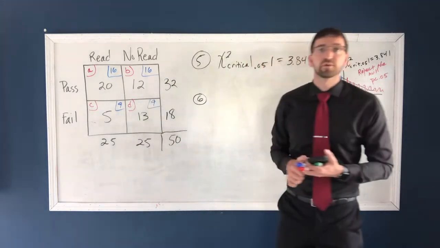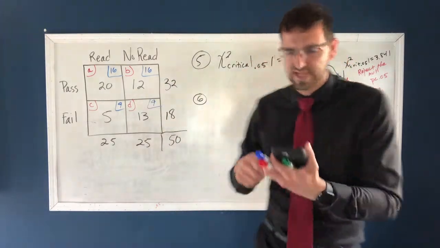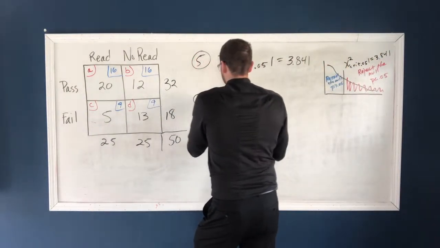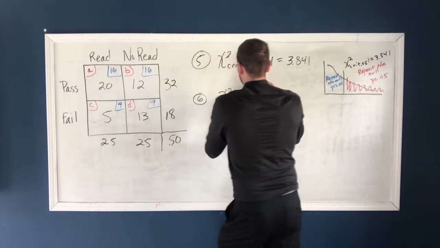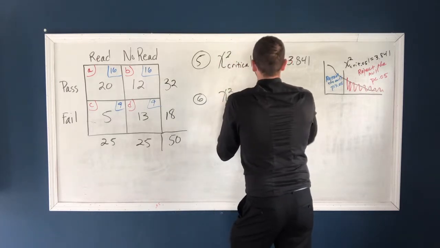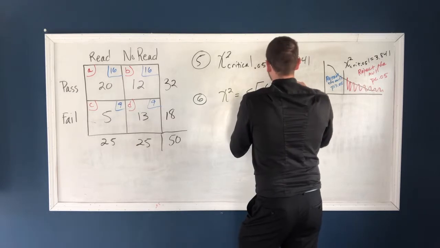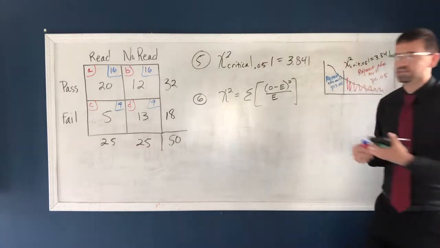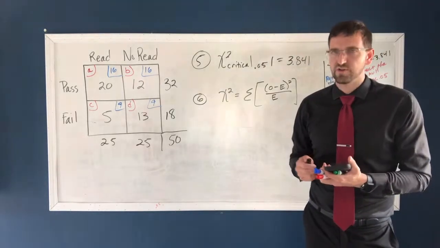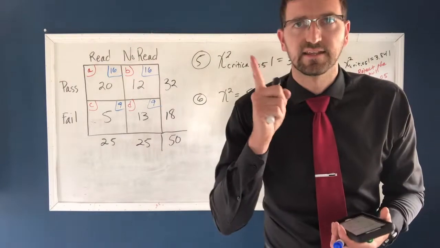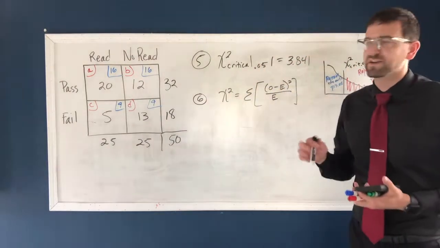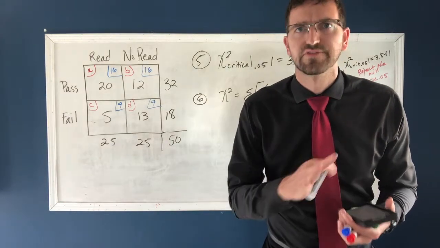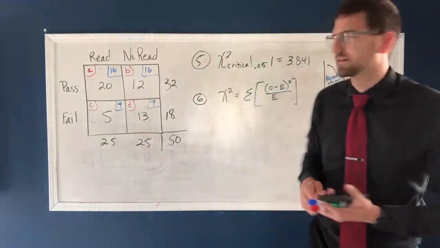Okay. So now we're going to go ahead and calculate the chi-squared obtained. The equation is this. Chi-squared equals the sum of the observed minus the expected frequency squared divided by the expected frequency. Okay, so this is actually easier than it looks. What I'm going to do is draw up a table, okay? And all you have to do is solve the table, and then you have your chi-squared obtained.